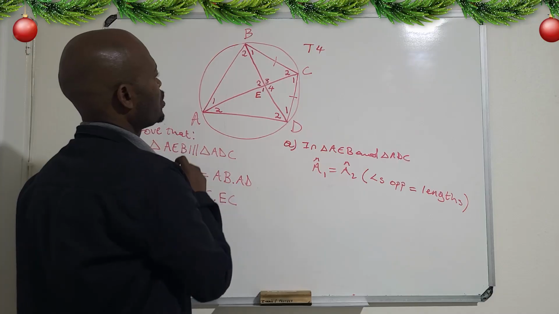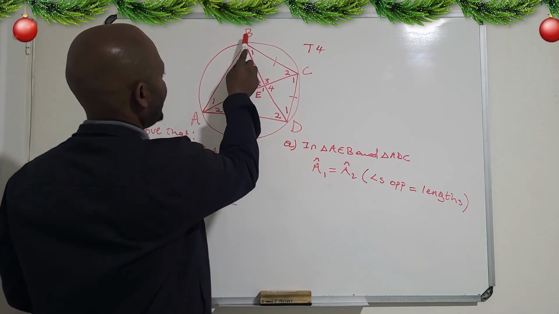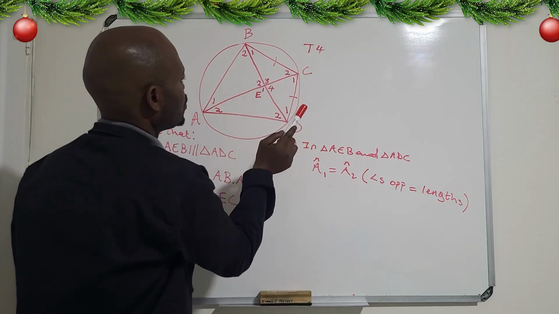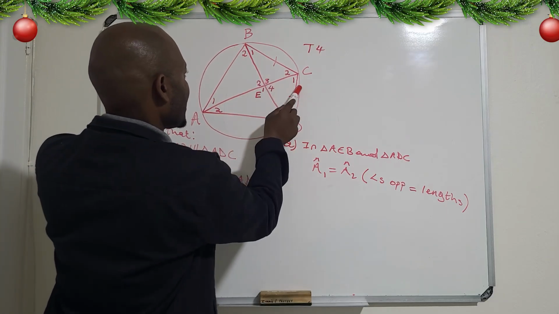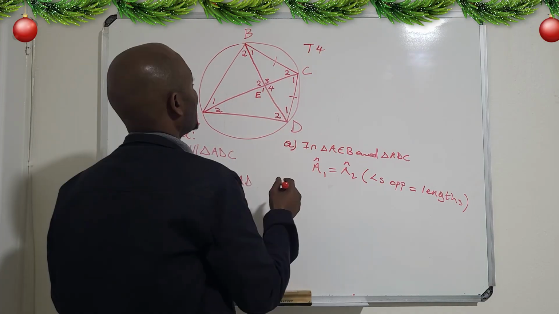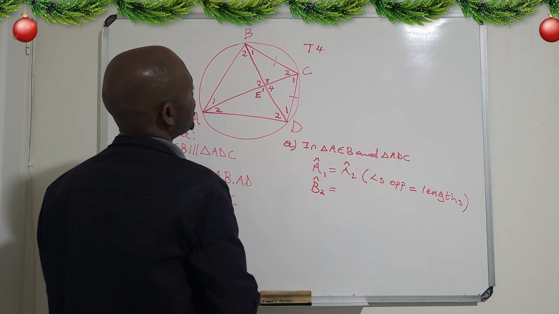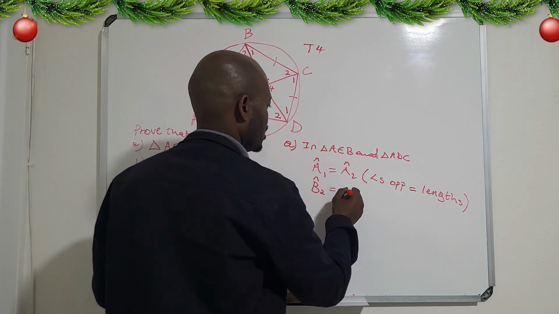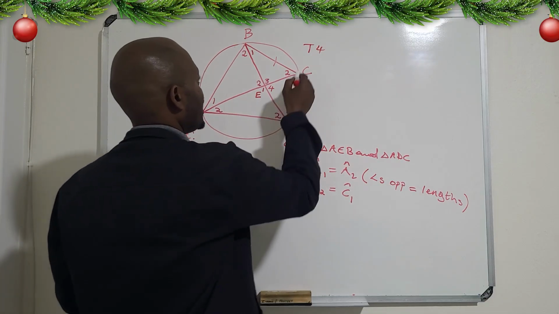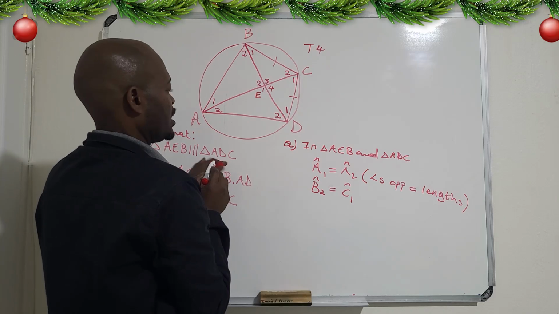Now, we know that this angle in this triangle is equal to this angle there. Angle B2 is equal to angle C1, because angle C1 is in this triangle which we are proving is similar.